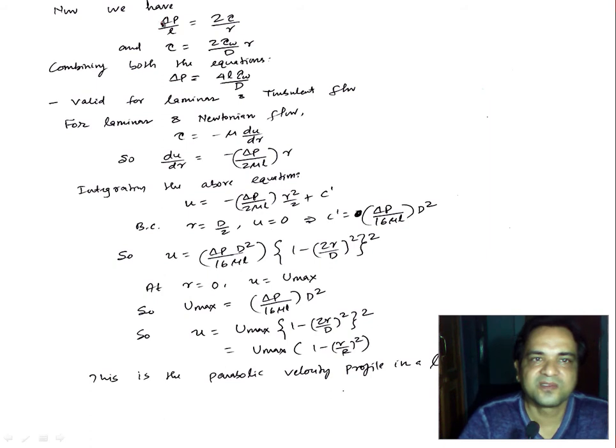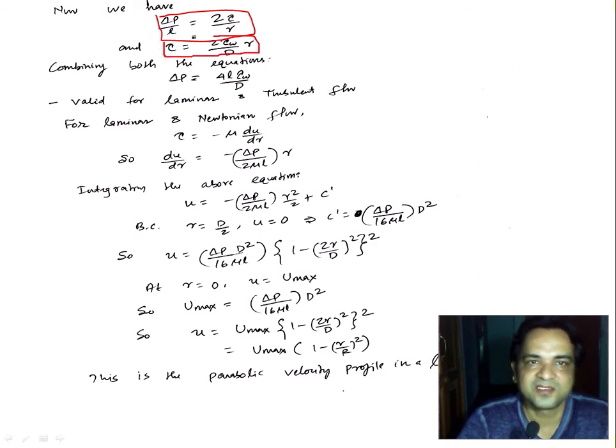So now ΔP by L equals 2 tau by R, and also tau from the force balance we got this. From these two equations remove tau.